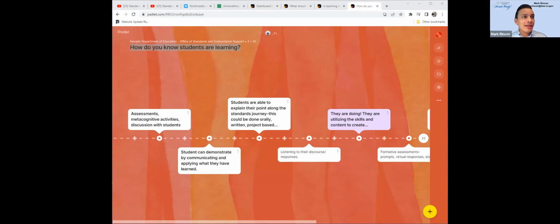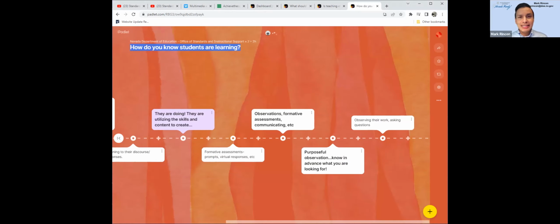They are utilizing the skills and the content to create. Nice. Using data from formative assessments, prompts, virtual responses, etc. Observations. Again, someone also added formative assessments, communicating.